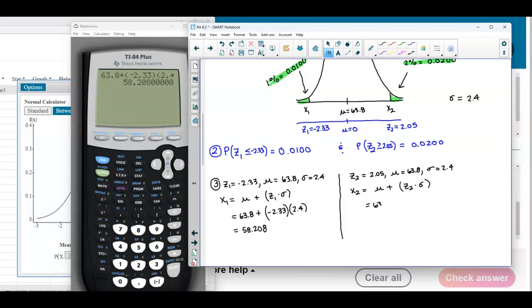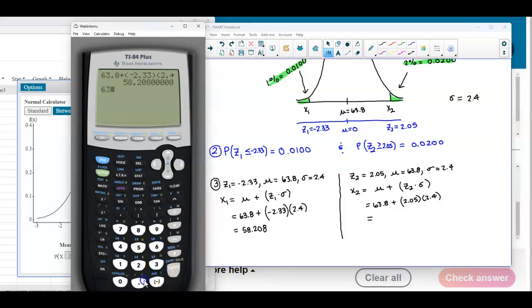So we take 63.8 plus 2.05 times 2.4, and that equals 68.72.